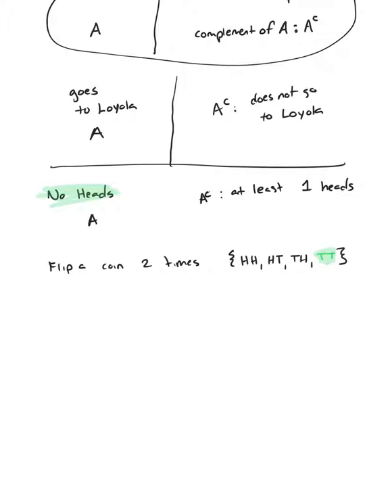The complement of that would be everything else. So the complement would be all of these. And once again, complement is just everything that's left after I remove that thing. So the complement of no heads includes all of these 3, notice it includes heads, heads, heads, tails, tails, heads. And what these ones have in common is that they have at least 1 head.